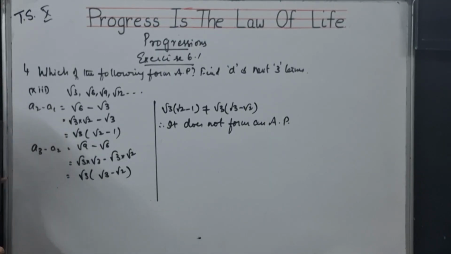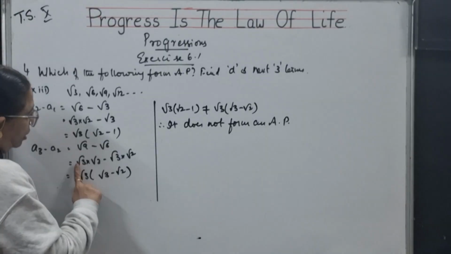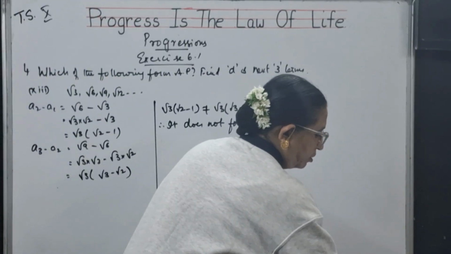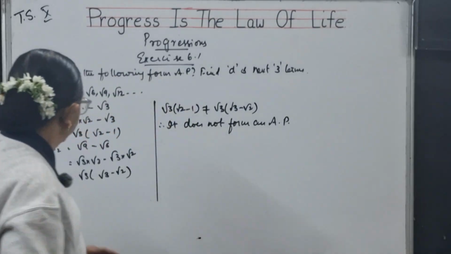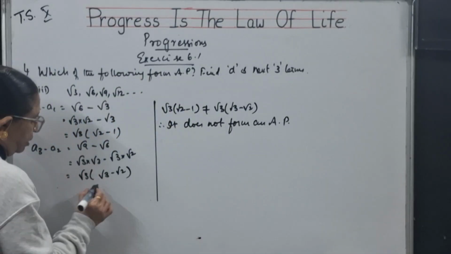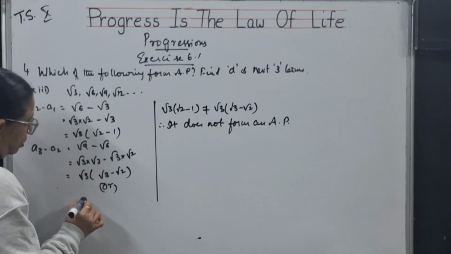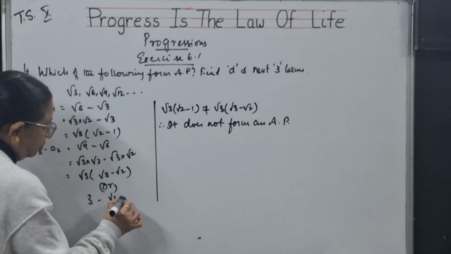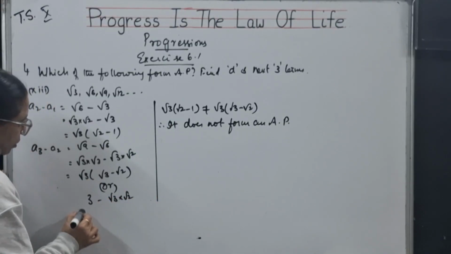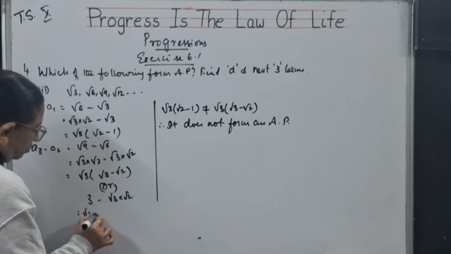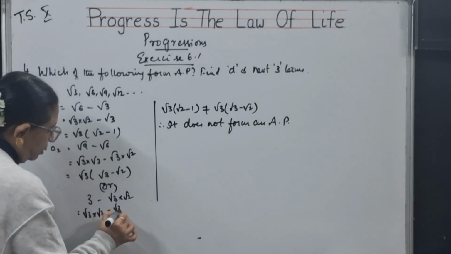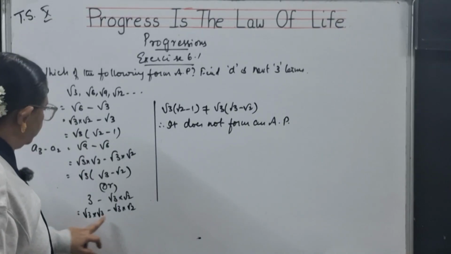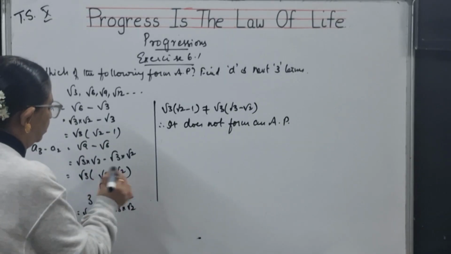And in another way, you can even write root 9 as 3, which is root 3 into root 3, minus root 3 into root 2. So again in these two, root 3 is common. The same value you will be getting.